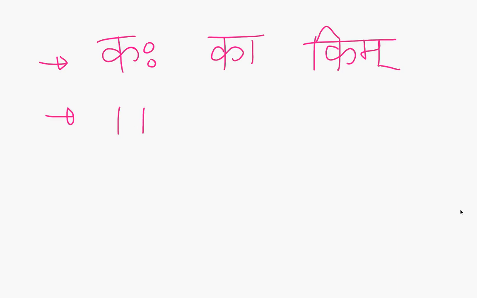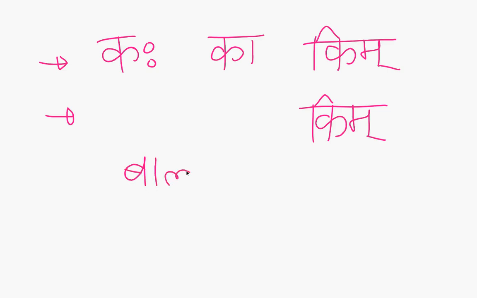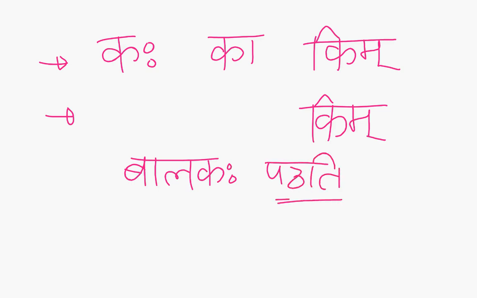So we know Kim is a question word. For example, Balakah patati. In this sentence, if we know only the action word patati, what is happening, patati.